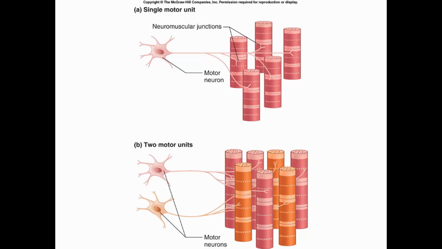I've alluded to this before, but a single alpha motor neuron and all the muscle fibers it innervates is a motor unit. So here we have an example of one motor unit. And then below we have two motor units. So there's the red motor unit and then there's the orange motor unit. Notice that the fibers are all mixed up. So it's not like you have collections of fibers in one motor unit or the other motor unit.